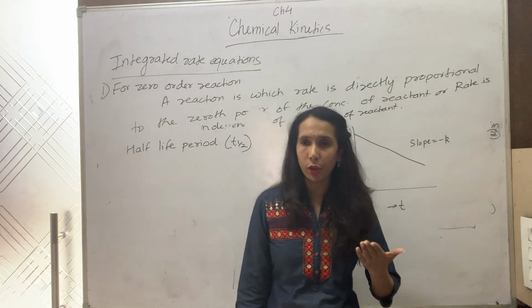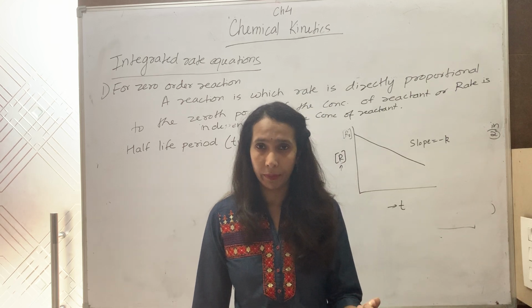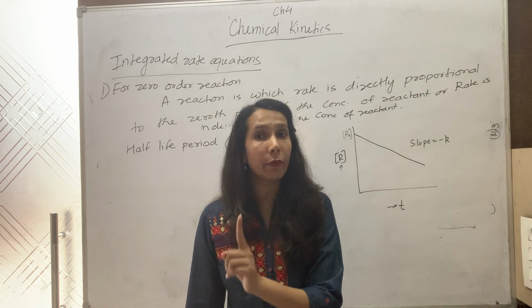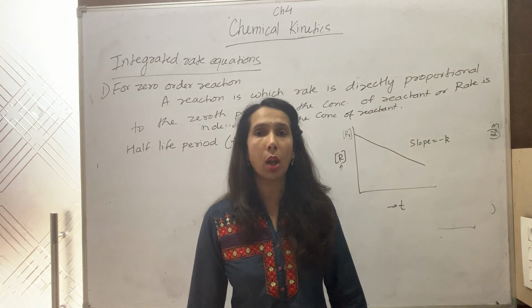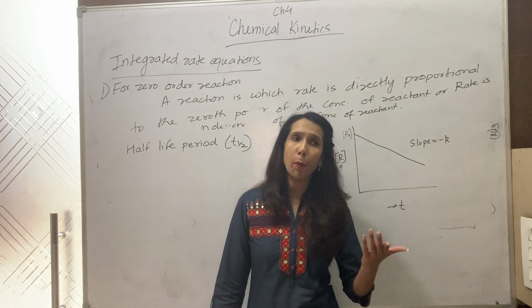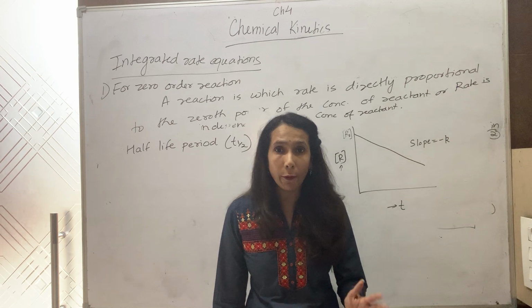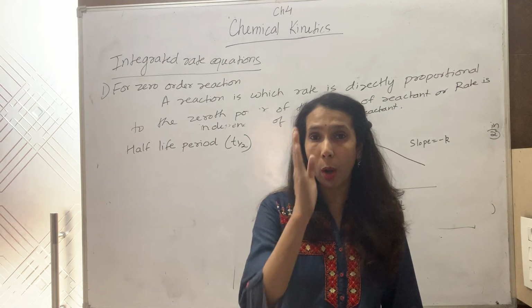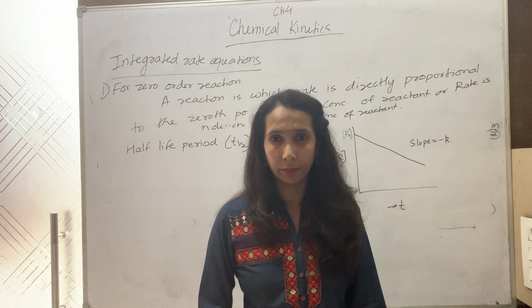Suppose initial concentration of the reactant I have taken is 10 mole per liter. The time in which the concentration will become half, that is 5, whatever time it will take, that time is called half-life period. Suppose initially I have taken 6 mole per liter. What is half of 6? 3. The time in which the concentration drops from 6 to 3 is half-life period.